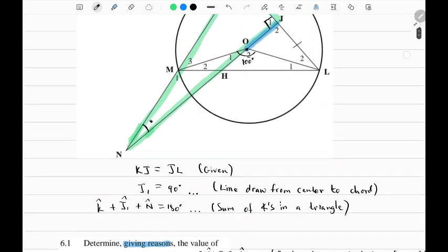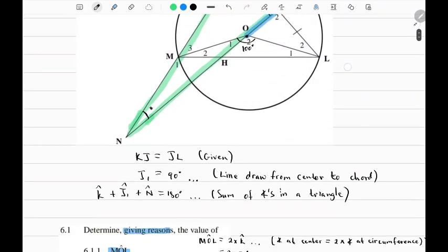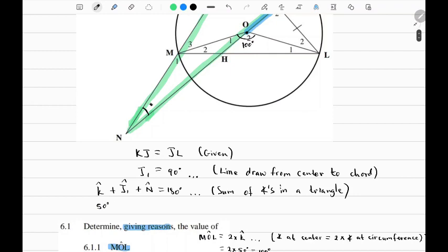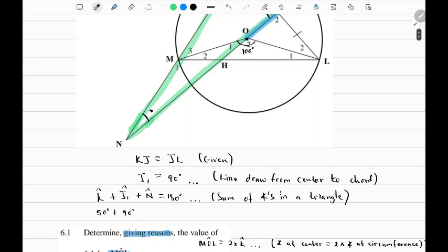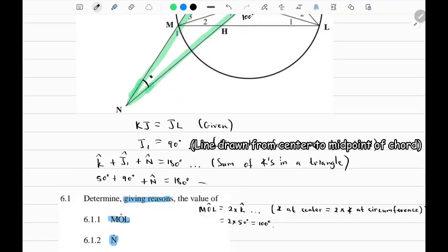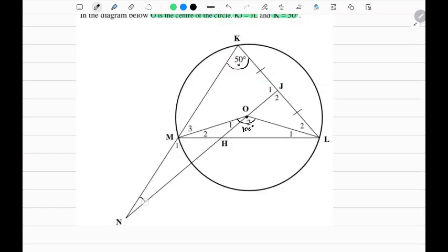Substituting, 50 degrees plus 90 degrees plus angle N is equal to 180 degrees. So angle N is equal to 180 degrees minus 90 degrees minus 50 degrees, which is equal to 40 degrees. We can note this down on the diagram: angle N is 40 degrees.